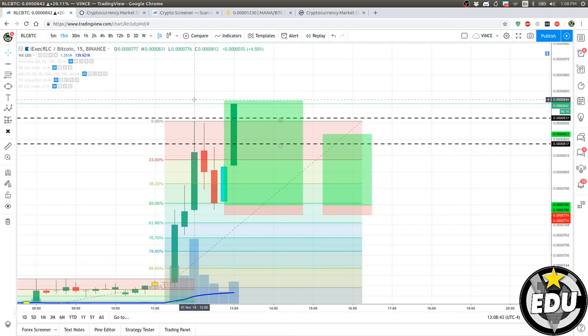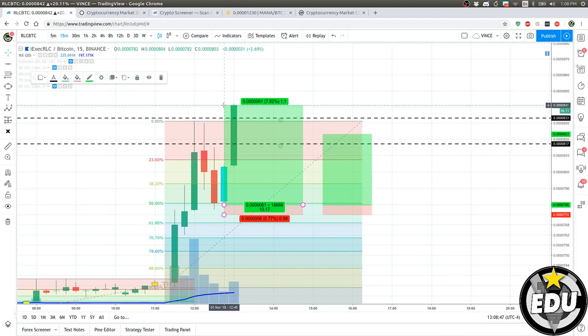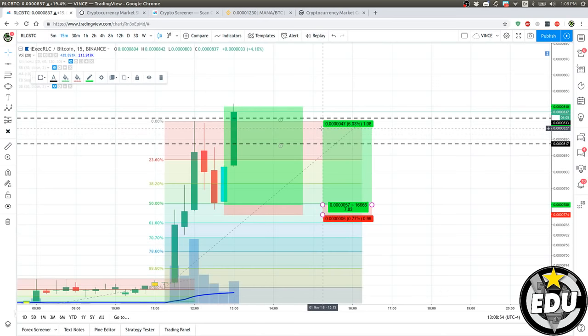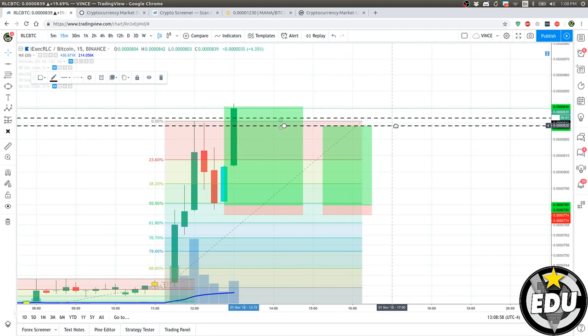Let's see, we reach 10. Actually, we reached 10 already. So what you do is raise your stop loss to 8, probably 8 right there, and we put an alert on 12.